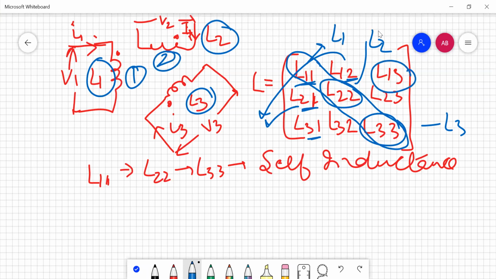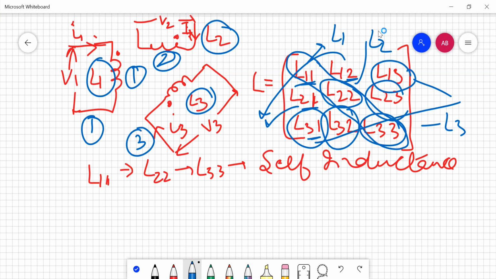Similarly, L13 and L31 both will be equal, and they are the mutual inductance between coil number 1 and coil number 3. And similarly, L32 will be equal to L23, and that will be the mutual inductance between coil number 2 and coil number 3. So this is how we define our inductance matrix.